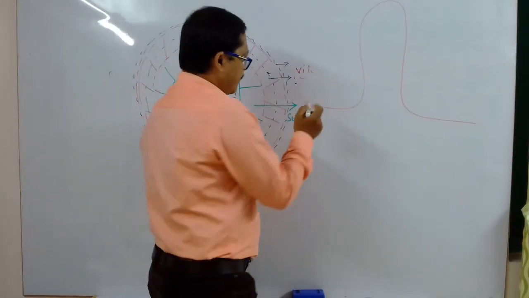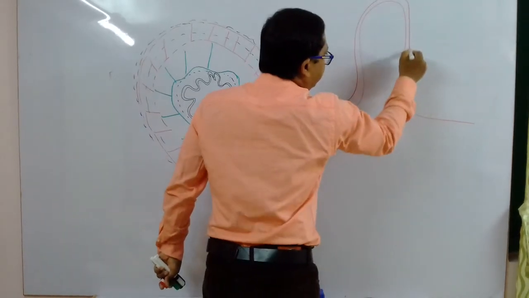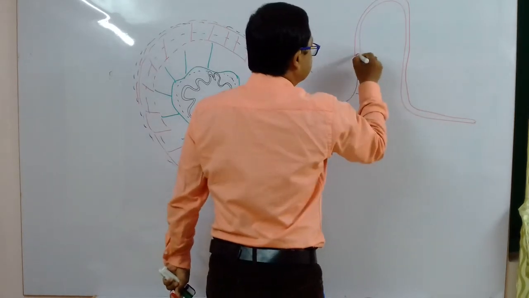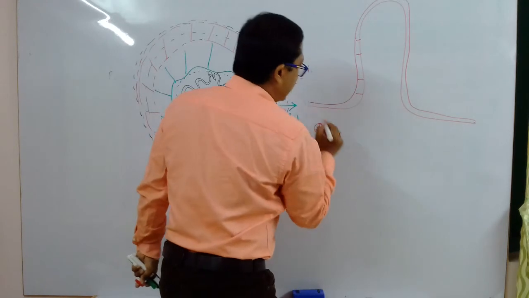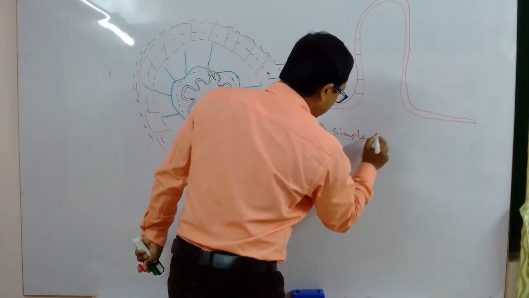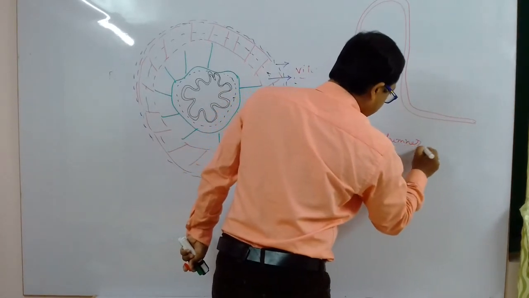First point, the outer layer of the villi is covered by simple columnar epithelium.